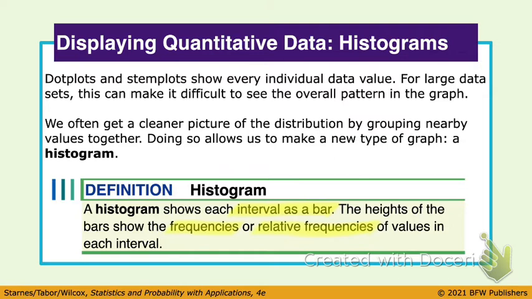Remember, frequencies are just how many, it's just like counting. Relative frequency is the percentage. So frequency is just counting, relative frequency is the percentage. So that's going to be our histogram.